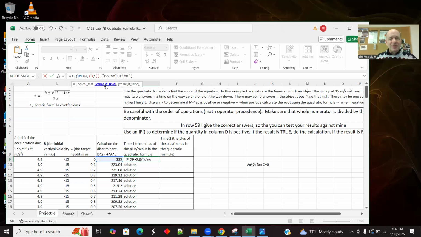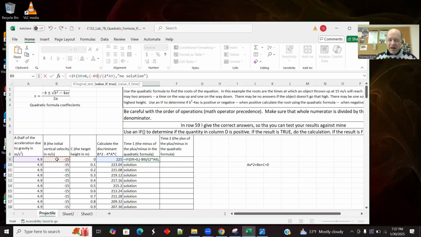Okay, let's do the denominator. That's easy. That's 2 times A. I'm in row 9, and so it's A9. Okay, now let's go after that numerator. So it was minus B, minus, I'm in row 9, so it was B9. And now there are 2 solutions. And it's asking me in this column, in column E, it wants the negative solution.